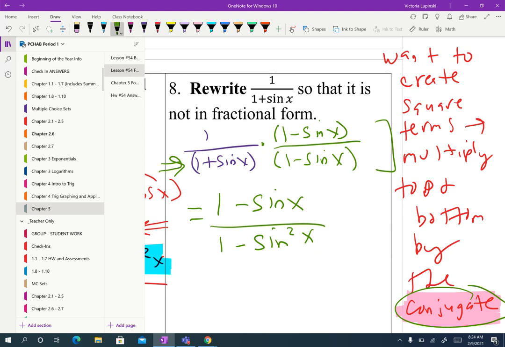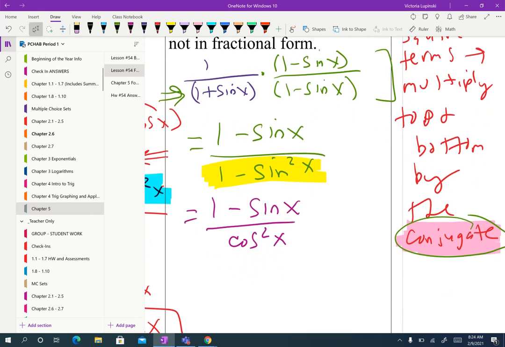In number 9, we started with a cosine squared and rewrote it as a 1 minus sine squared so we can factor. Now we're working in the opposite direction. So 1 minus sine squared, if I go back and take a look at my formula sheet, is simply equal to cosine squared. So I'm going to go ahead and make that replacement.